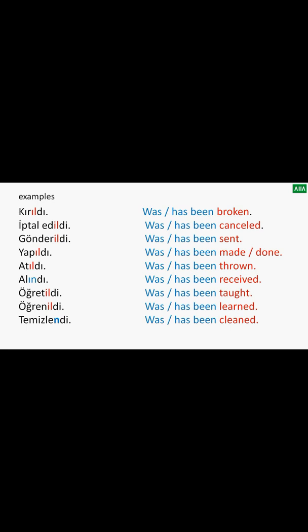Alındı here. Alındı. Öğretildi. Öğrenildi. Learned, was learned or has been learned. Here, has been taught or was taught. Temizlendi.